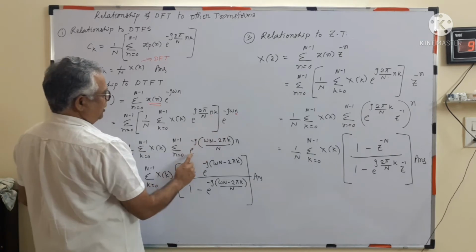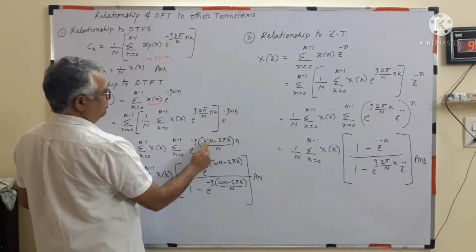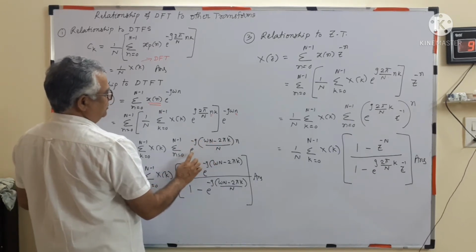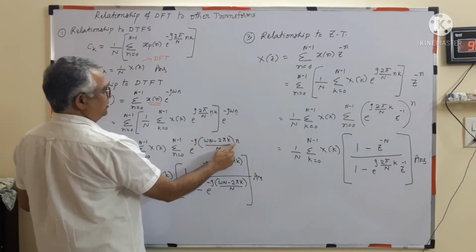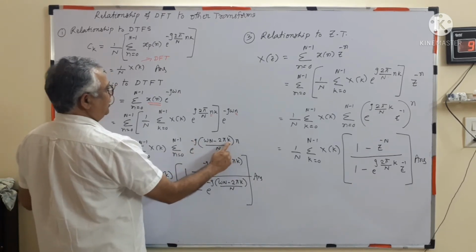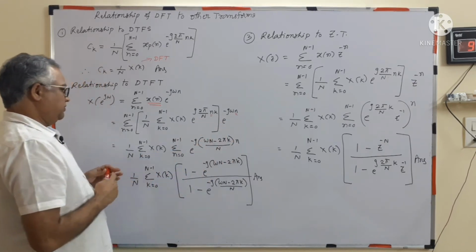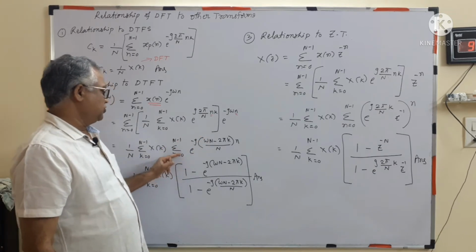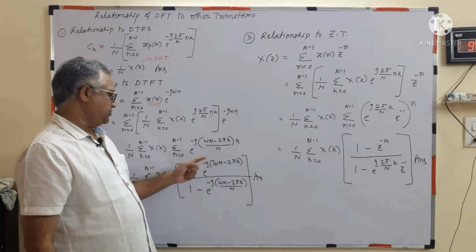So what should I get? The exponents combine, giving omega n with minus minus plus, and then e power plus j 2 pi by N nk. Both the terms are available here. Then mathematically you know this expansion: sum from 0 to N minus 1 of e power minus j of this.